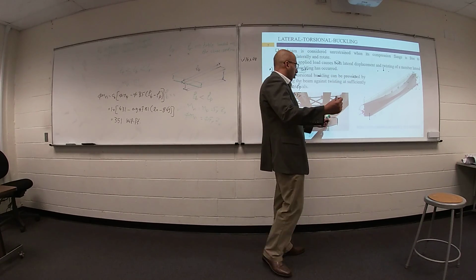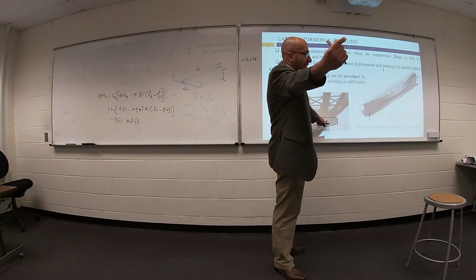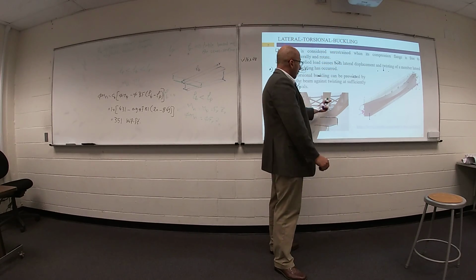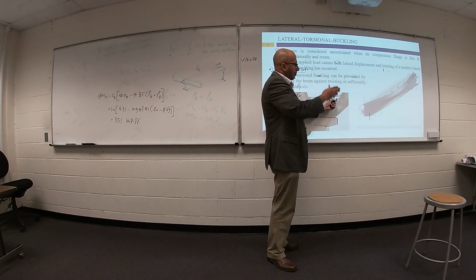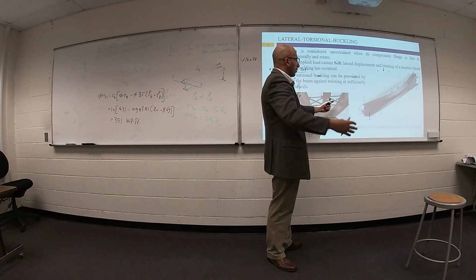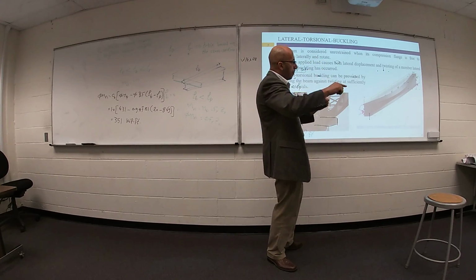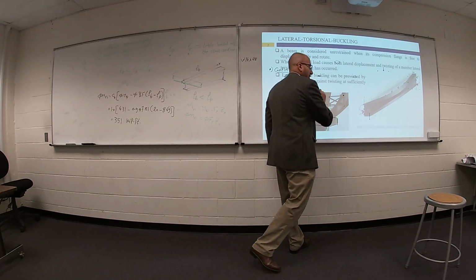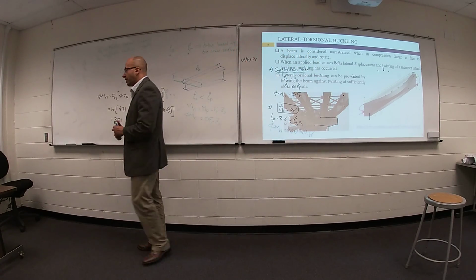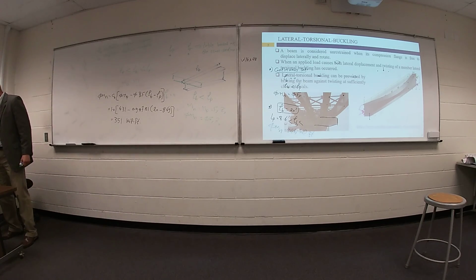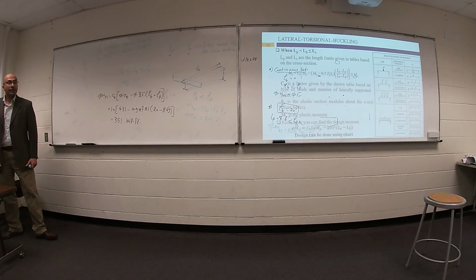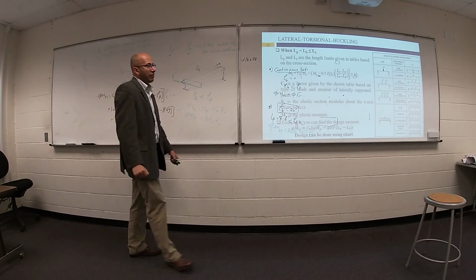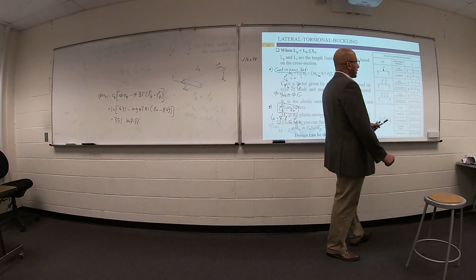So we have only support at this location and support at the end location. But we have intermediate bracing, maybe every 10 feet or 15 feet. So we have many points supported your flange. So how many points of support? What is the type of your load? You can figure out what is the value of your CB.